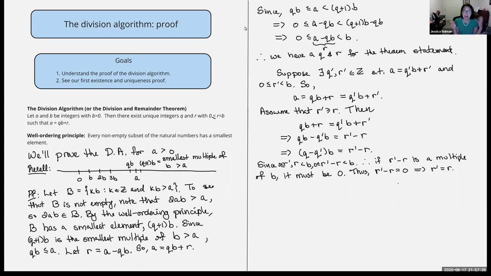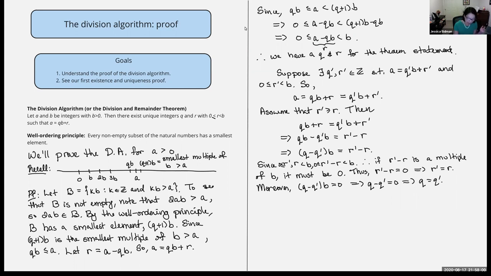Here's where I'm going to use that word moreover again, right? I never use that in real life. Moreover, if R prime minus R equals 0, it must be that Q minus Q prime times B equals 0, which implies that Q minus Q prime equals 0, which implies that Q equals Q prime. So wait a minute, let's step back. That's a lot of algebra, a lot of stuff happened.